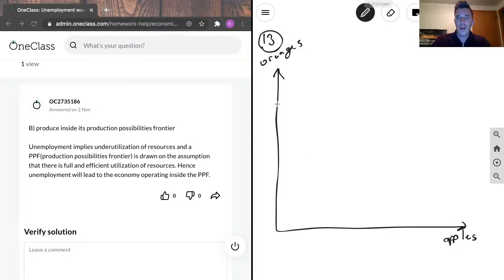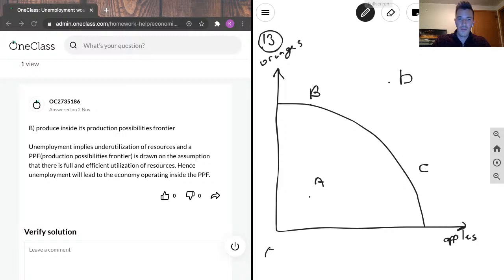So when you draw a production possibilities frontier, it is a bowed out curve like this. And there are three kind of potential style of points on a PPF.